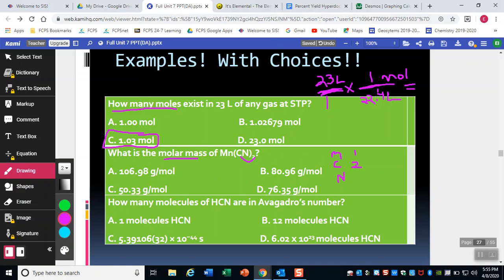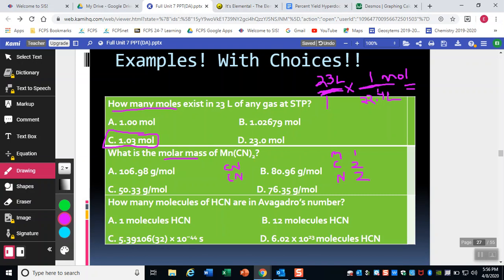So I have 2 carbons and 2 nitrogens. Because if I have 2 outside these parentheses, that means I have 2 cyanides. So 2 carbons and 2 nitrogens.